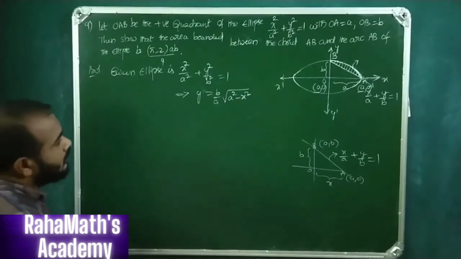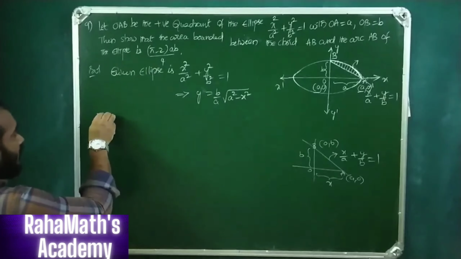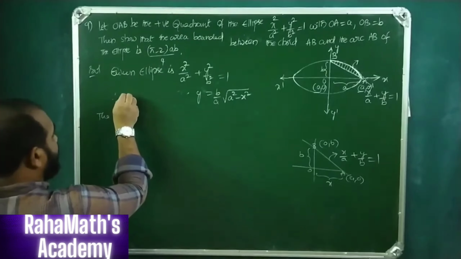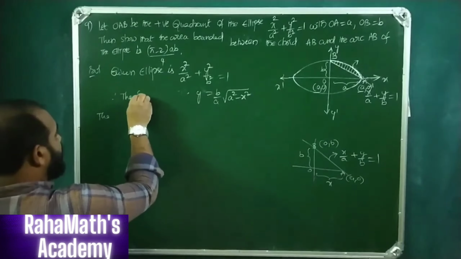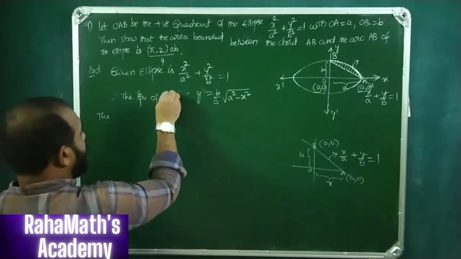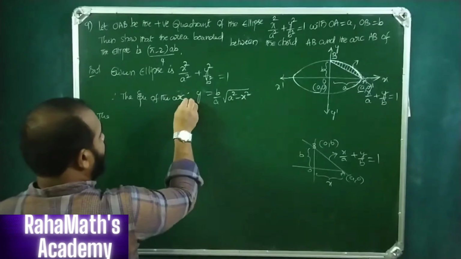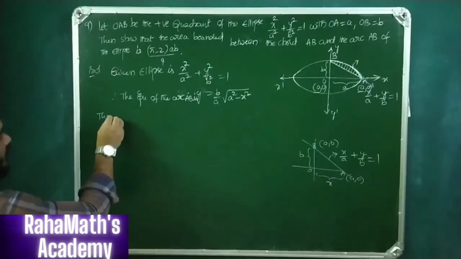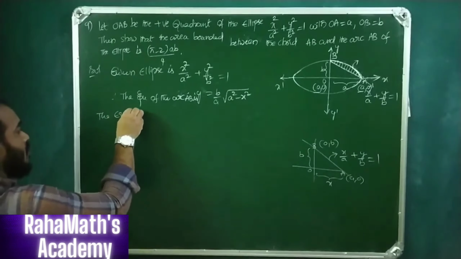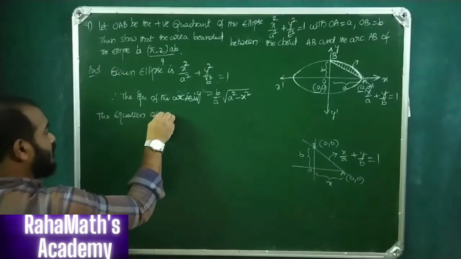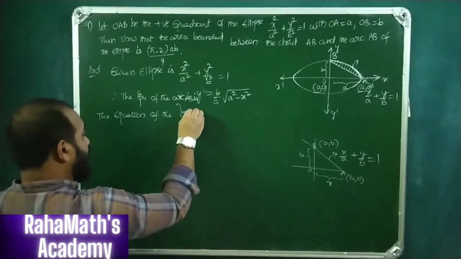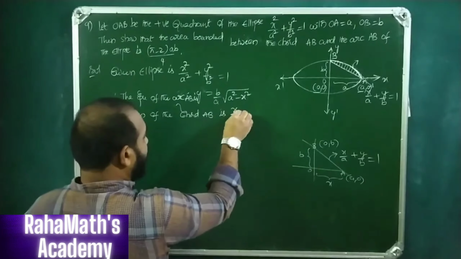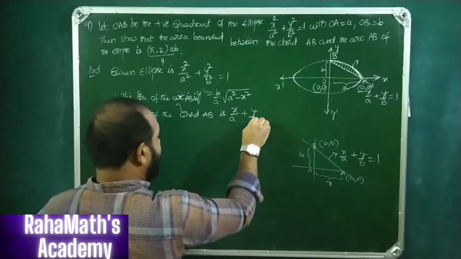Therefore the equation of the arc AB is this, and the equation of the chord AB is x by a plus y by b equals 1.